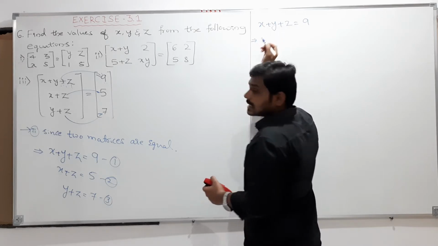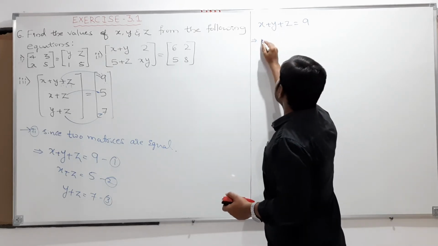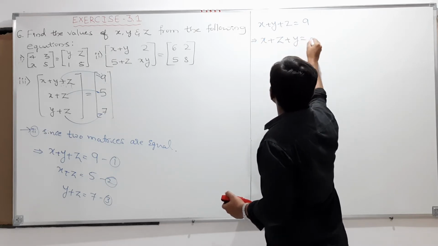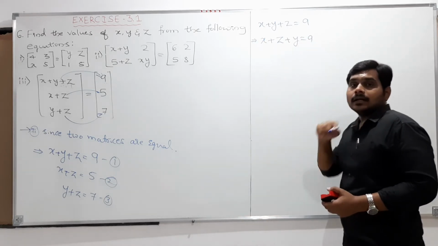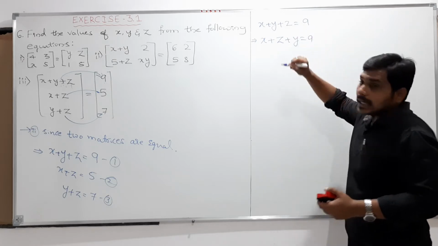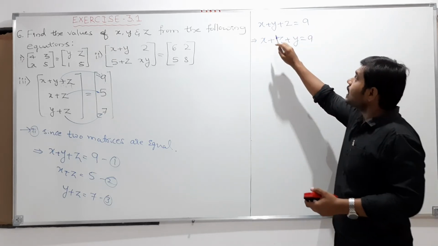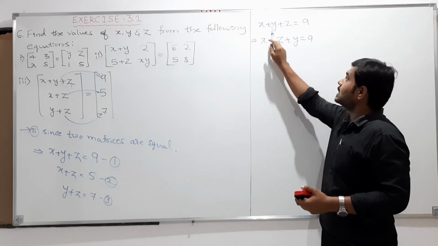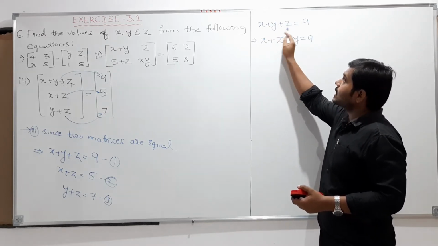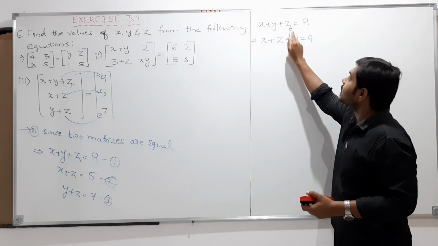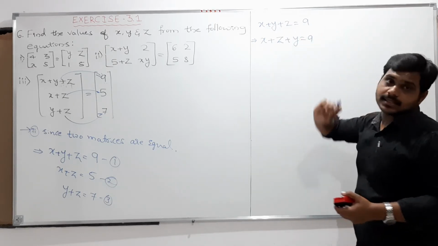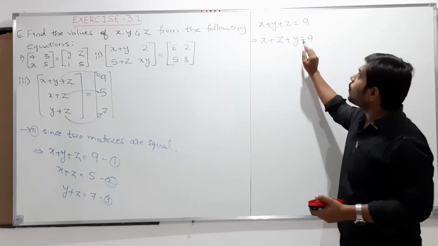This can be written as x plus z plus y is equal to 9. Both are the same; only the places are changed. x I wrote as it is, first I wrote z and next y, and the remaining 9 is as it is. Why am I writing like this?